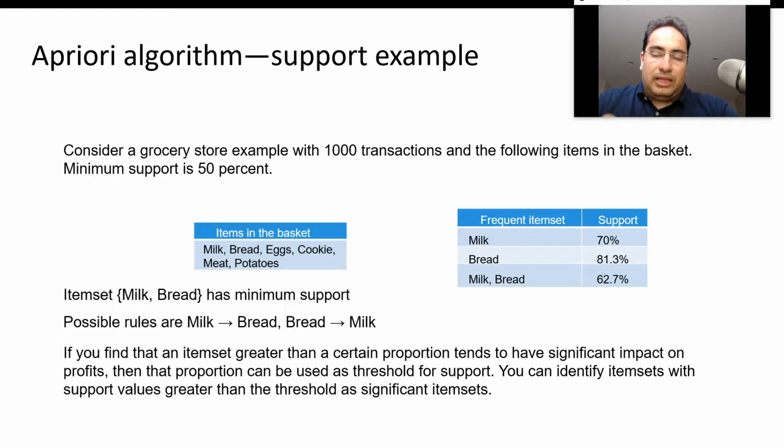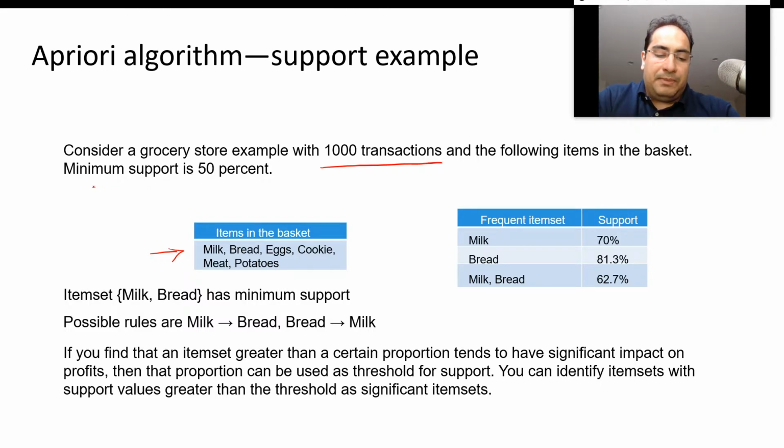So let's talk about an example. Consider a grocery store with 1,000 transactions. These are the total number of transactions which we use to find the frequent item sets. And we have different items in the baskets of all people, like milk, bread, eggs, cookies, meat, and potatoes.